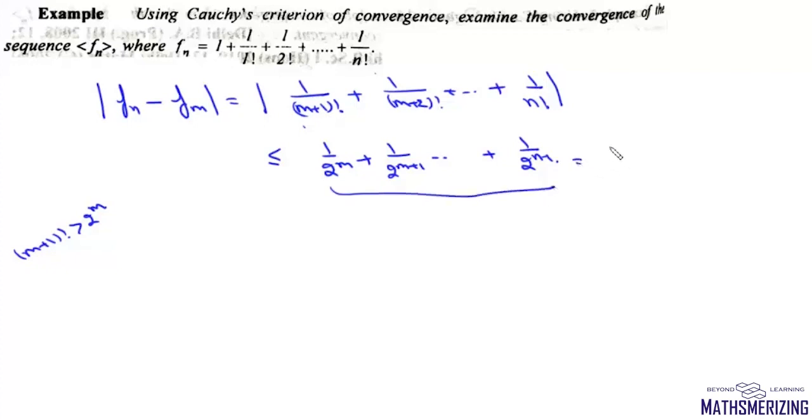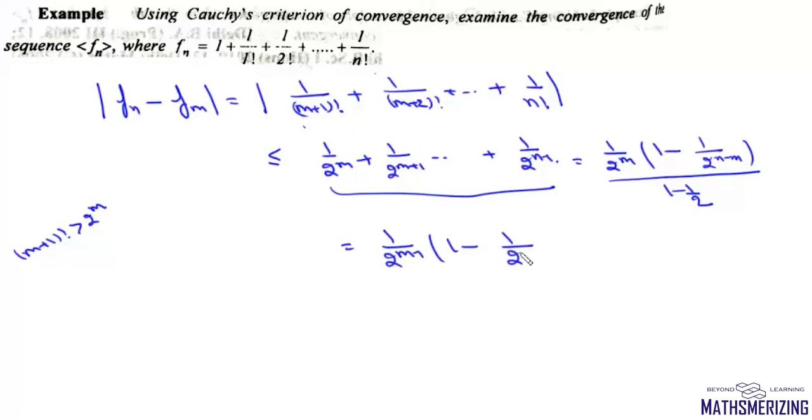We can write the sum of this GP as 1 upon 2 to the power m, times (1 minus 1 upon 2 to the power n minus m) upon (1 minus 1 by 2), which is 1 upon 2 to the power m minus 1, times (1 minus 1 upon 2 to the power n minus m). Now it will be less than 1 upon 2 to the power m minus 1.